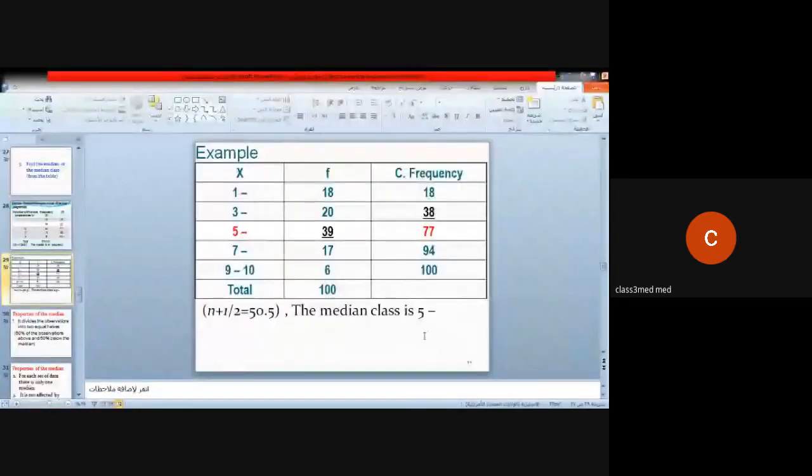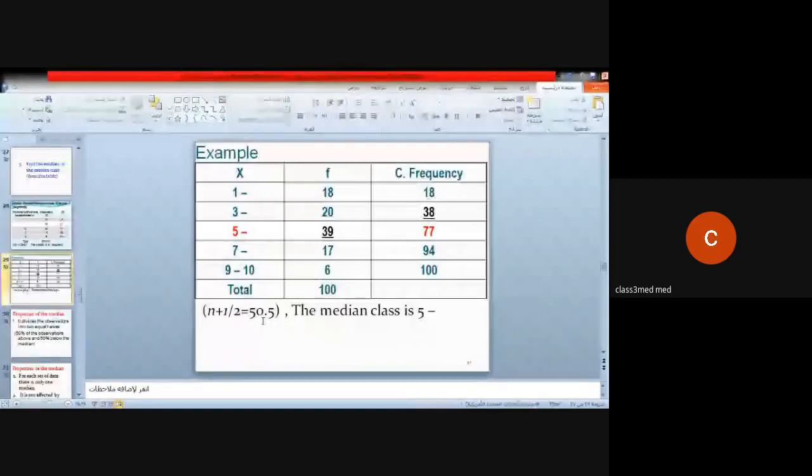For calculation of the median for continuous quantitative variables, we follow the same procedure. We have to calculate the cumulative frequency, and then we find the position of the median, (n plus 1) divided by 2, which is 50.5.